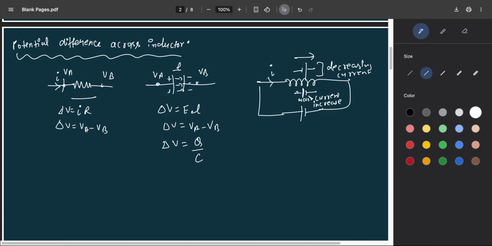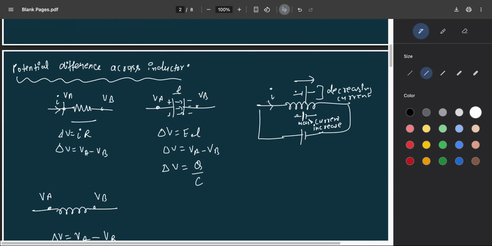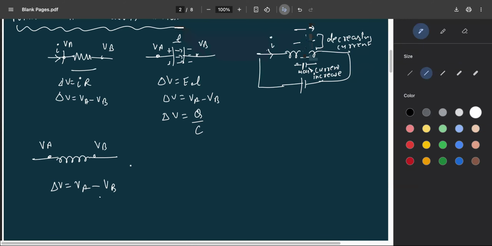Okay, Kirtana, if I move further and I ask you, this is my inductor. You know that this point may be VA, this point is VB, so the potential will be nothing but VA minus VB. But if you can see, this potential is due to induced potential, otherwise it's just a simple wire. So in the case of an inductor, what is the induced EMF?